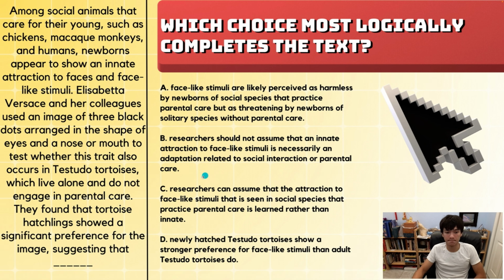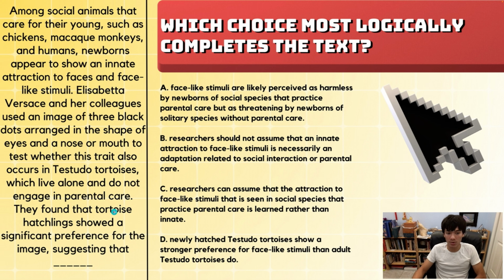But let's see why C and D are wrong. C. Researchers can assume that the attraction to face-like stimuli that is seen in social species that practice parental care is learned rather than innate. So, we have to think maybe a little bit critically about this one. They say that attraction to face-like stimuli is learned and not innate, but why would the testudo tortoise be attracted to it if its parents did not raise it like a social animal would?